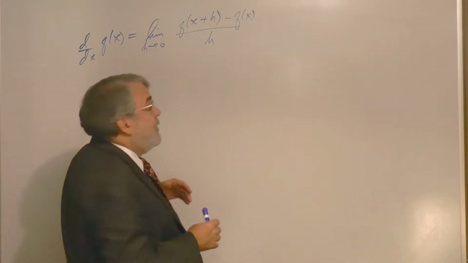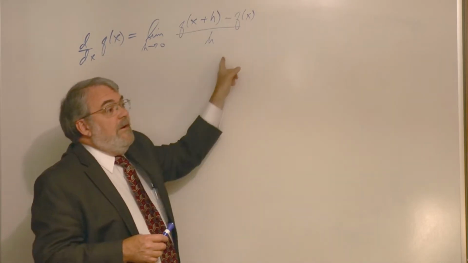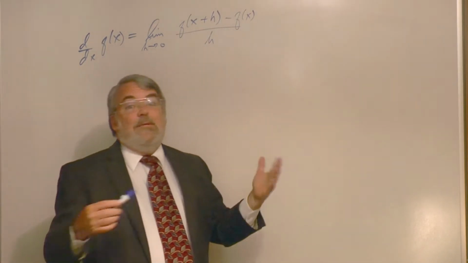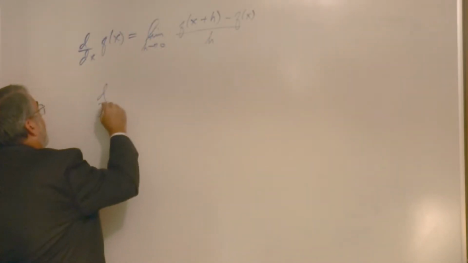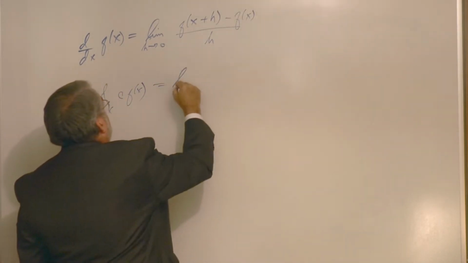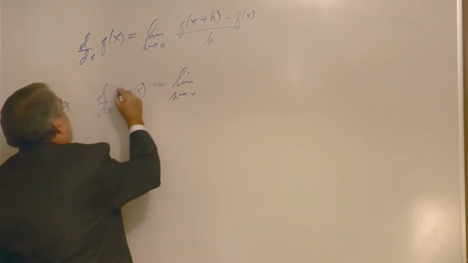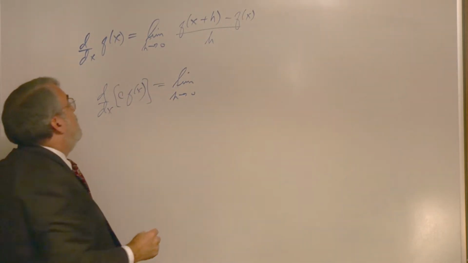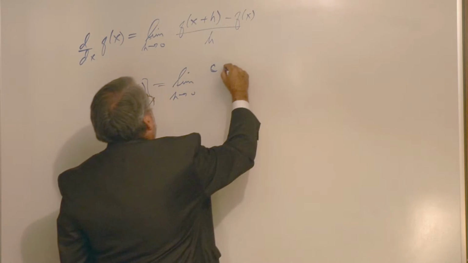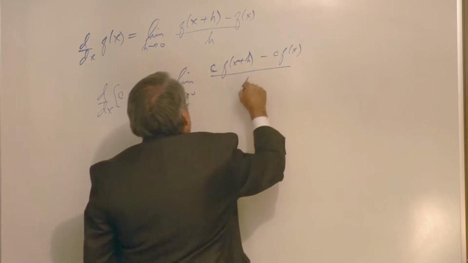Now, remember, this is the definition of the derivative. The derivative of a function f of x is the limit as h goes to 0 of f of x plus h minus f of x over h. And again, that's the slope calculation at a point. So if I want to take the derivative of a constant times a function, then I've got the limit as h goes to 0 of, think of the constant as a block, c f of x plus h minus c f of x over h.